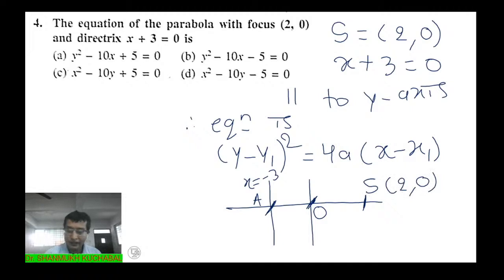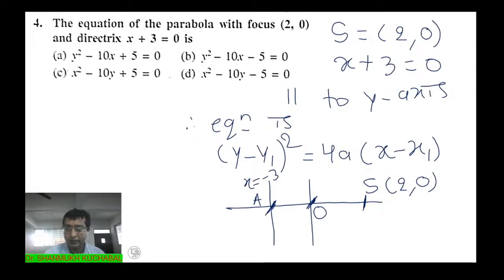Therefore we have three points A, O and S. Then the vertex V, from the geometry, is the midpoint of AS.